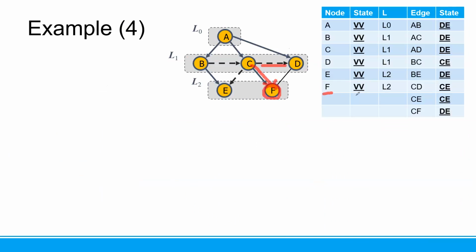F will be set as visited, and because F was not explored previously, we put discovery edge for this edge. So at the final stage, we know that all vertices are already visited, and the BFS finishes.